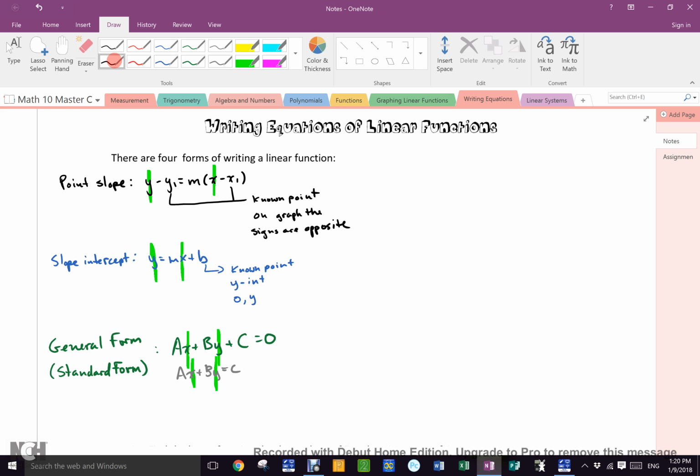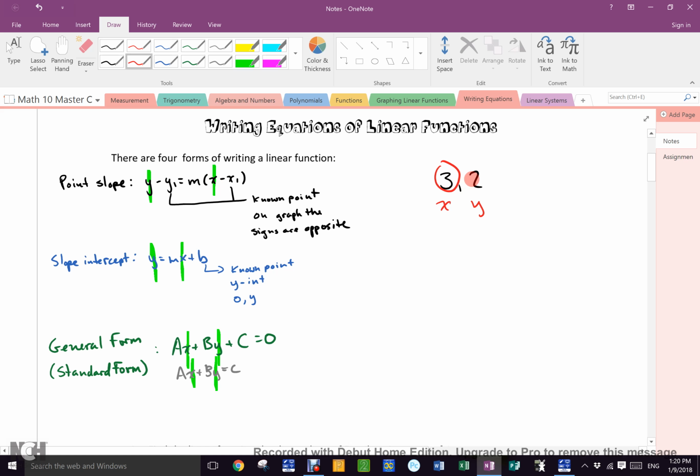Now, what does this tell us? And this is what's important going forward into our next unit. If you have any set of coordinates, that is an X. That is a Y. Which means that 3 can go into how many different spaces on this page right now? 1, 2, 3, 4.